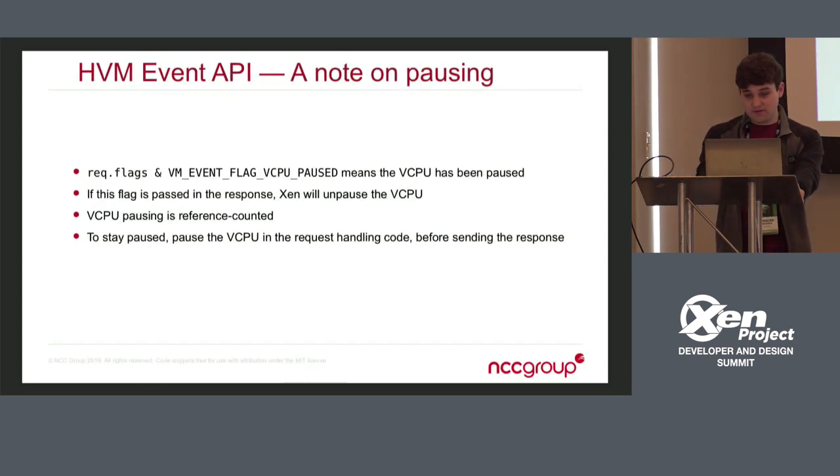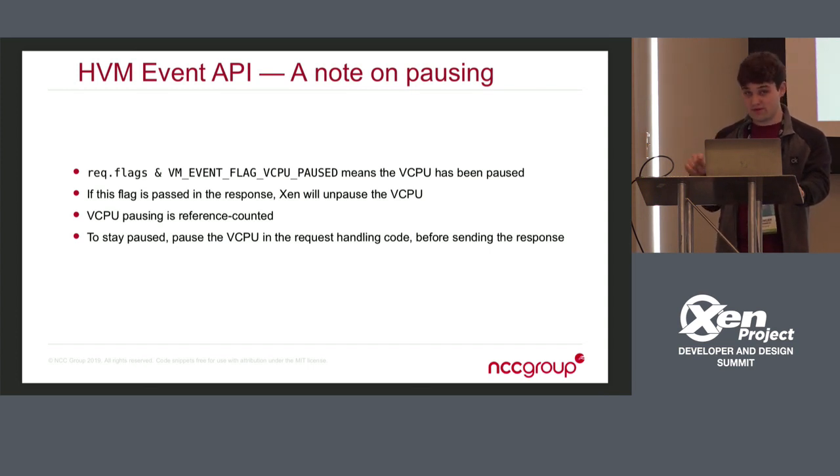I mentioned the VM event flag vCPU paused flag, which basically means that if you get it in a request, it means that the vCPU has been paused in response to some event. So if it's a fault or a breakpoint or something like that, then generally speaking, you'll get this flag. If you pass it back in the response, Xen will unpause the vCPU for you. And the reason it's important to always mirror it back is because vCPU pausing is actually reference counted.